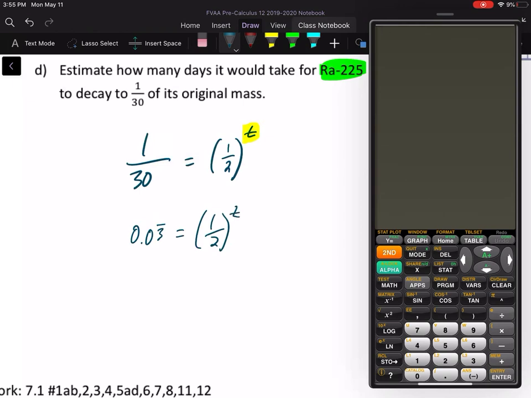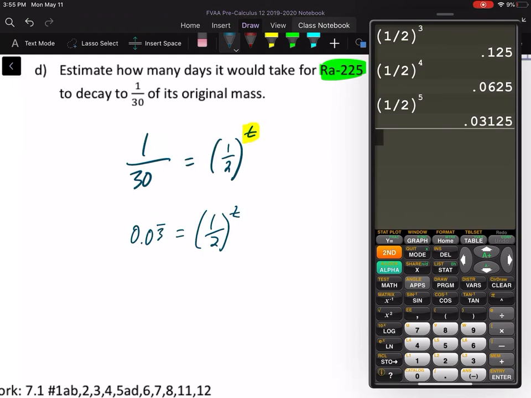If I try 1 divided by 2 to the 3, not quite. 1 divided by 2 to the 4, okay, I'm getting there. 1 divided by 2 to the 5, okay, I've passed it, but I'm close to that 5.